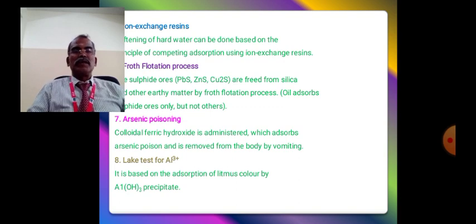So for the removal of arsenic poisoning, colloidal ferric hydroxide is used as an adsorbent. And the litmus test: to identify whether lake water is acidic or basic in nature, litmus paper is used, by an adsorption process.